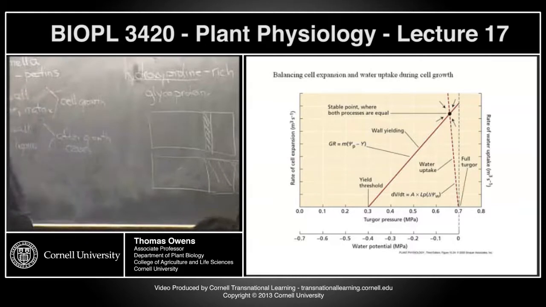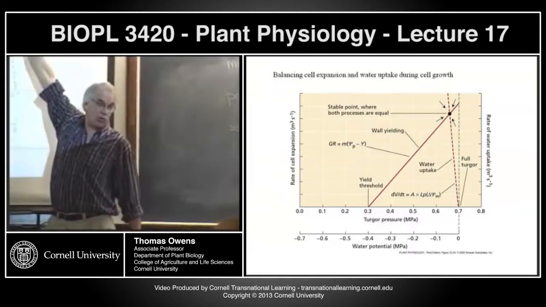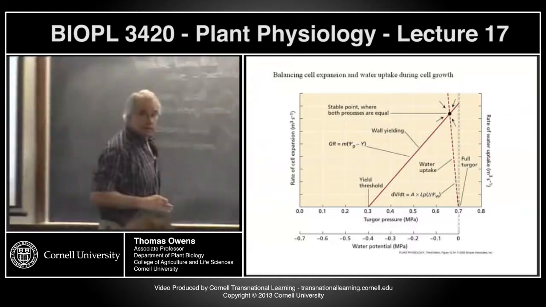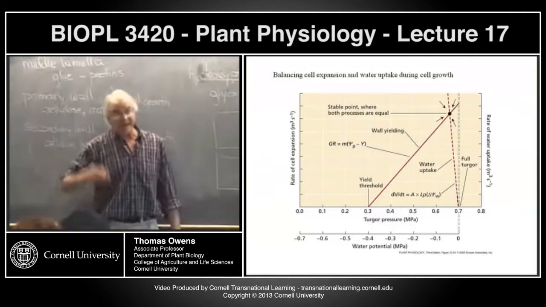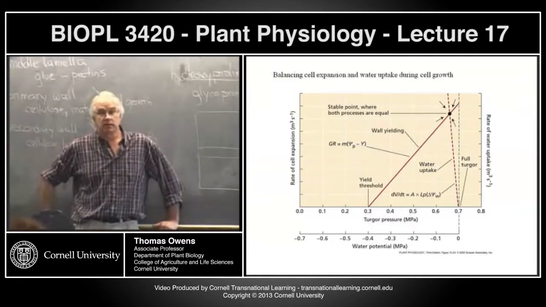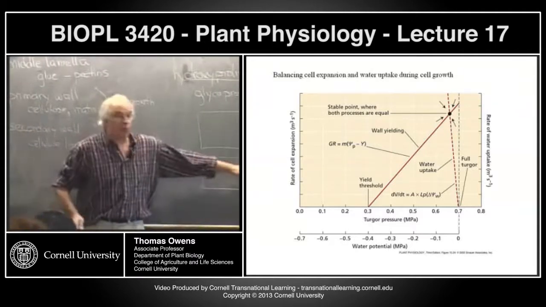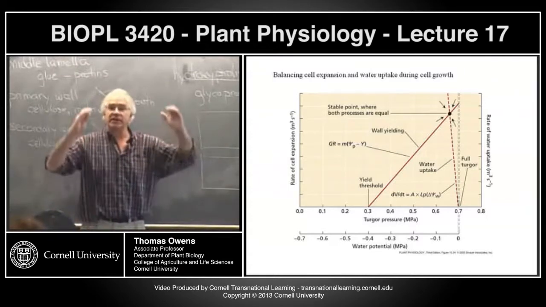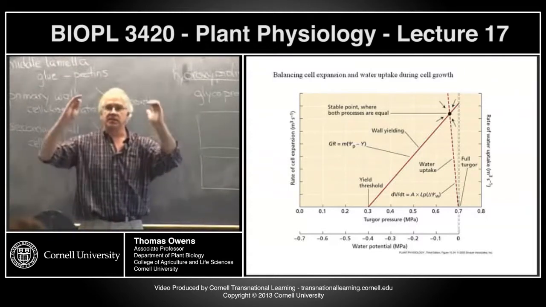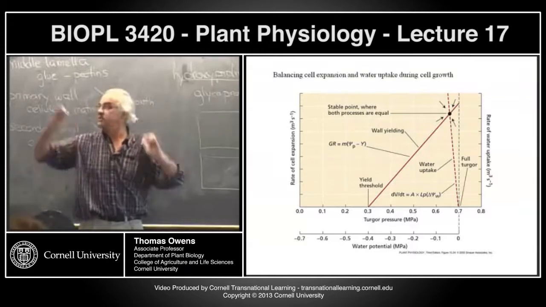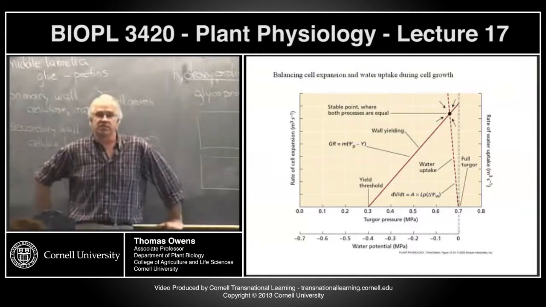So why is that point the only point that can represent the rate of growth of the cell? Because it's the point at which the increase in the volume of the cell is matched to the increase in the water content of the cell.